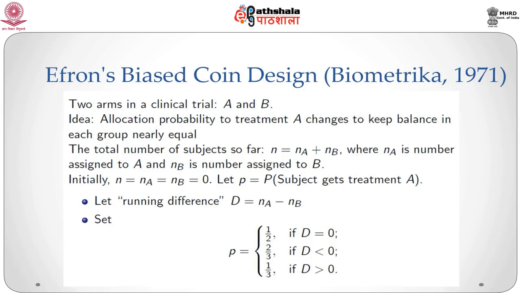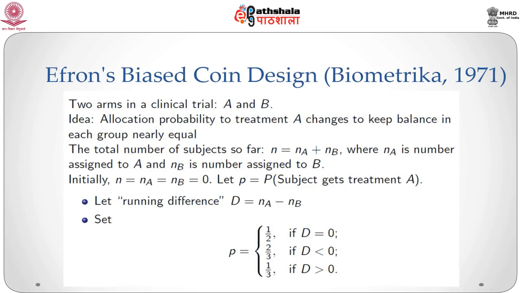However, given that D is non-zero, we shall allocate subjects to treatment A with probability 2/3 if D is negative and 1/3 if D is positive. So this is analogous to tossing a biased coin.